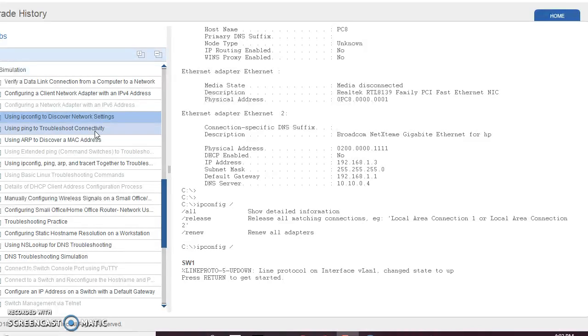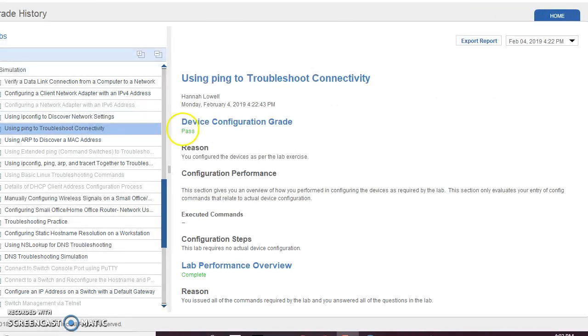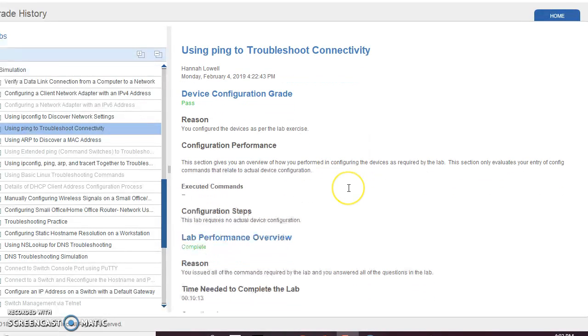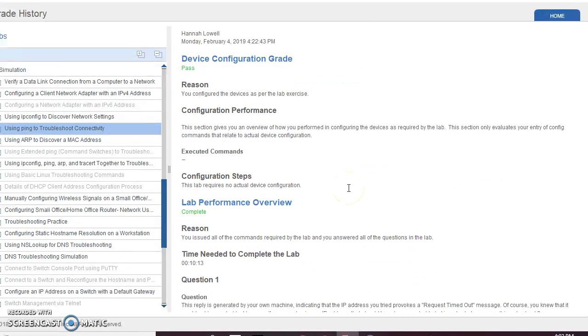The next simulation was using ping to troubleshoot connectivity. And here we have an overview of how to configure devices using the ping command to troubleshoot connectivity.